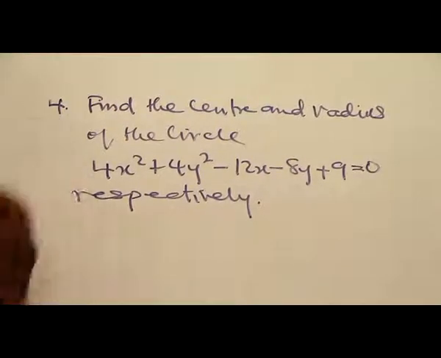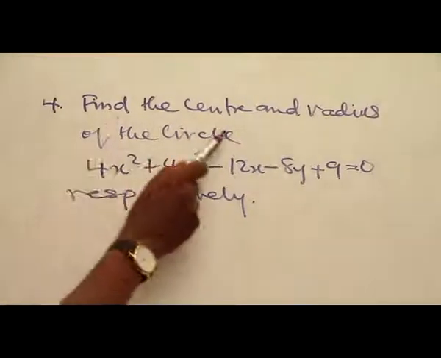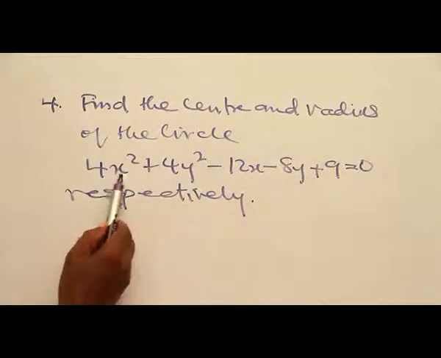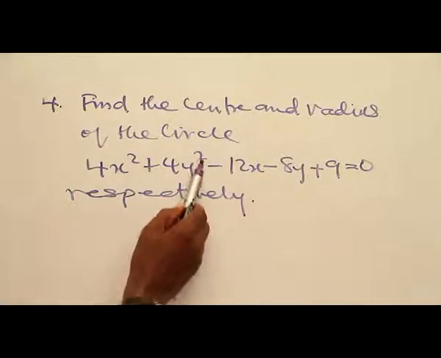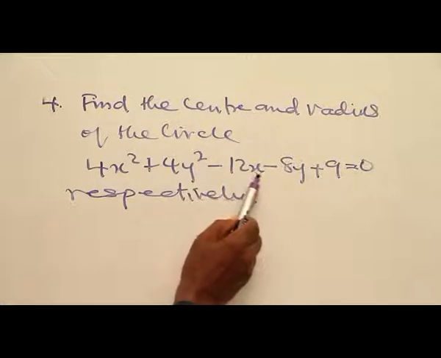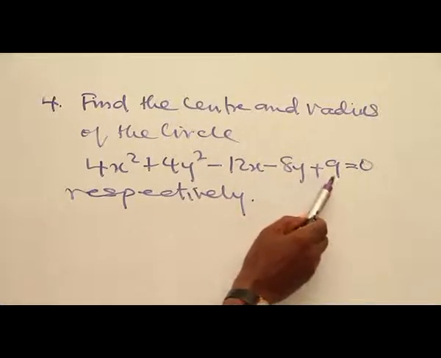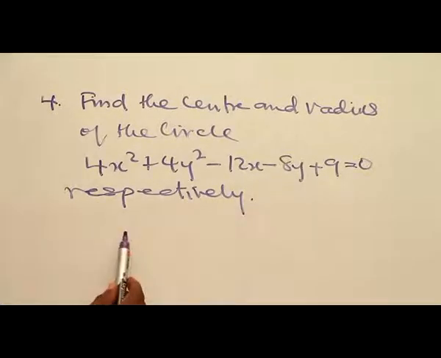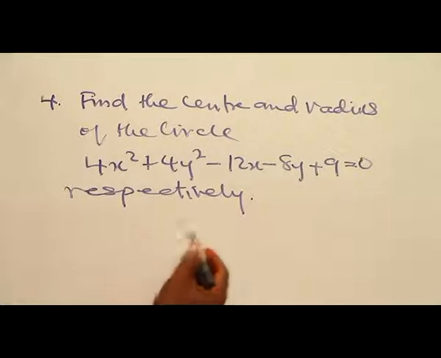Example number 4. Find the center and radius of the circle 4x squared plus 4y squared minus 12x minus 8y plus 9 equal to 0 respectively. That is to say, you first of all find the center followed by the radius.